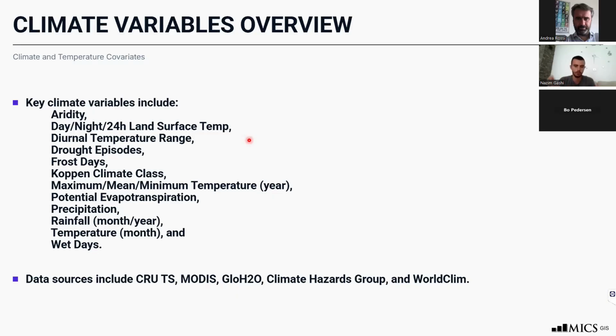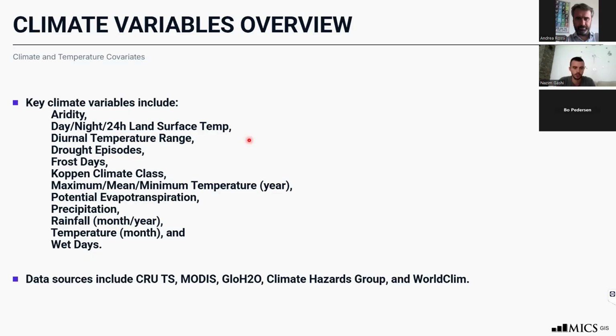So we have three different indicators: the day land surface temperature, the night land surface temperature, and the total 24 hours average land surface temperature. And this one is available for different years, 2005 and onwards.